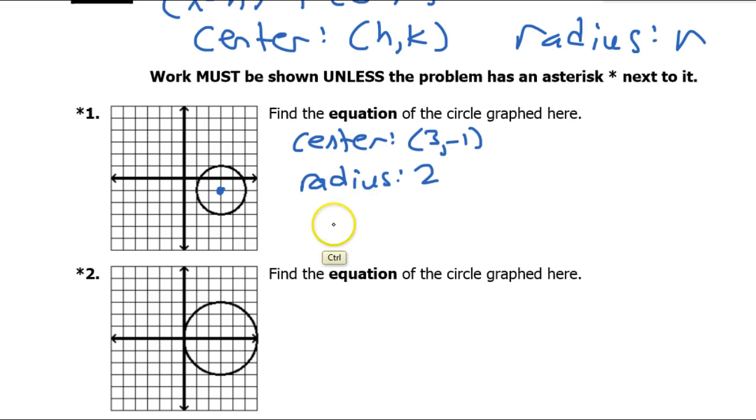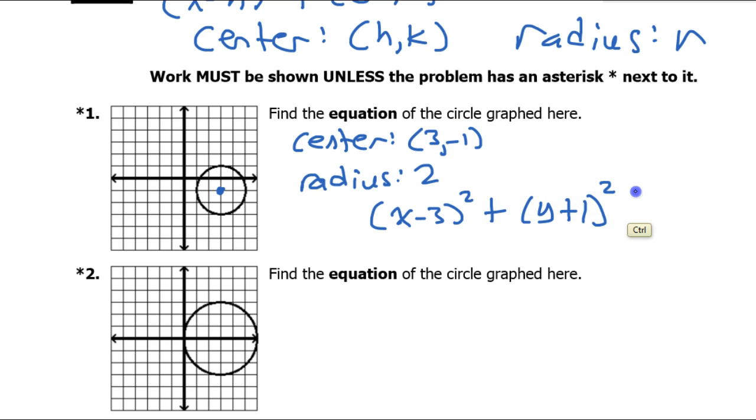So using those two pieces of information, the equation is going to be x minus 3 squared, because it's the opposite of the 3, and then y plus 1 squared, it's got to be the opposite of that negative 1, is equal to the radius squared. So I'm going to put a 4 right here.